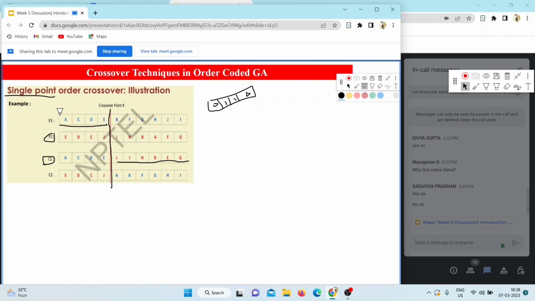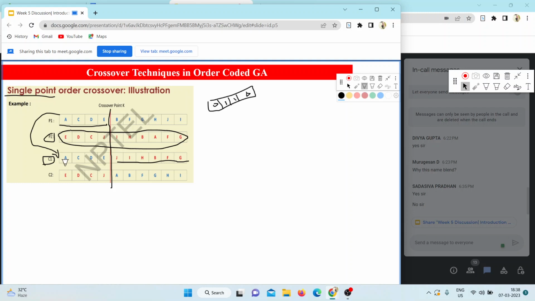So you copy exactly the left of this imaginary bar to C1, and after the bar you copy from parent 2.